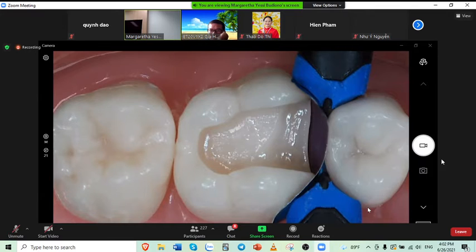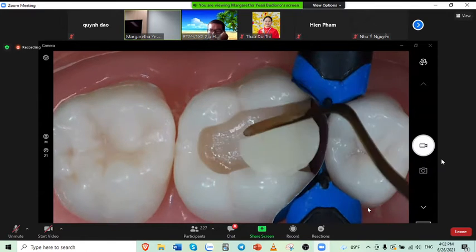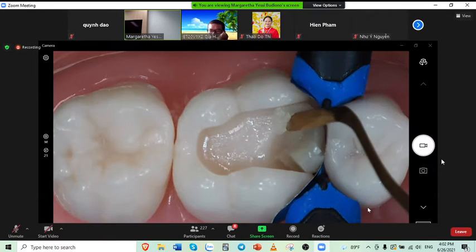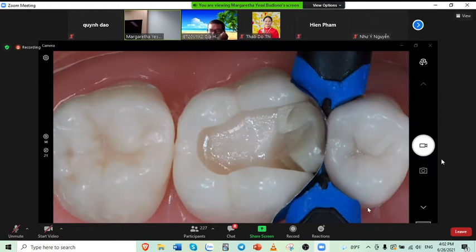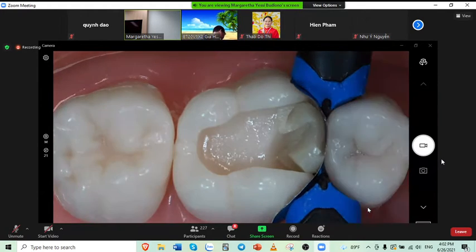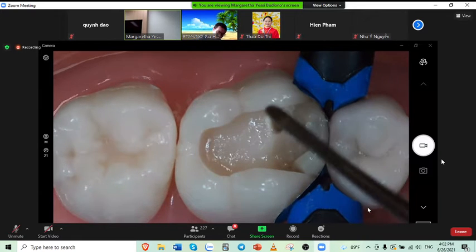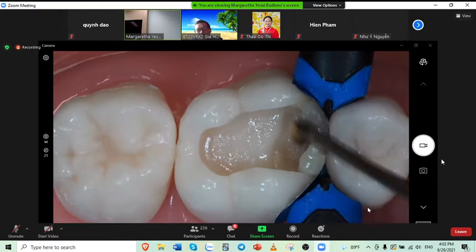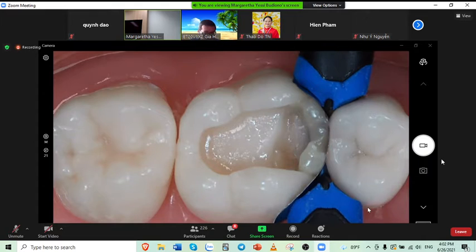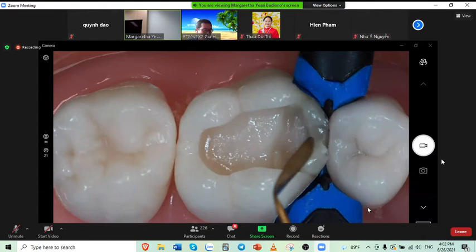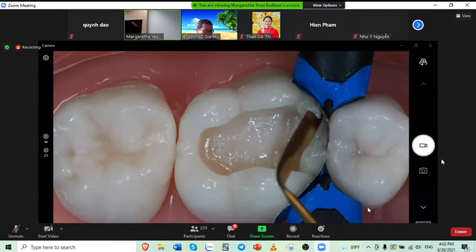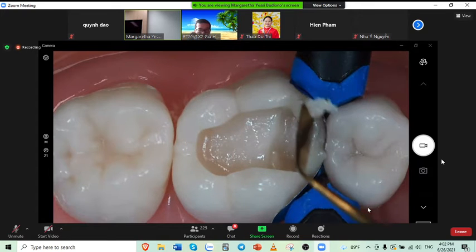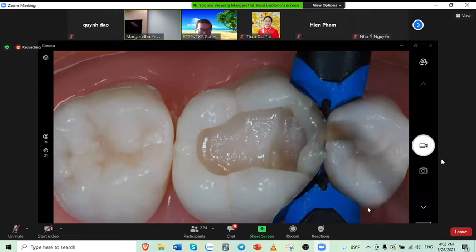Okay, and then let me apply on tooth. One of the tricks to minimize our effort during the finishing time is to use the next tooth as our guide.